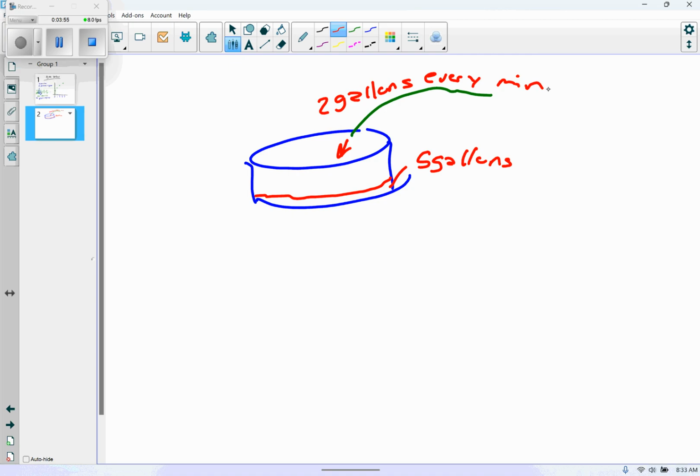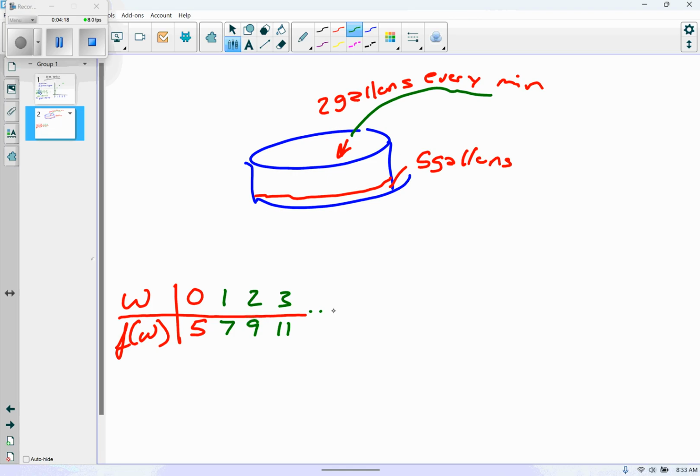Okay, so let's make our table. So maybe we'll do W and F at W for water. We'll use the W. So when we first came out, we were like, oh, there's 5 gallons in the pool. And then at the first minute, there would have been 7 gallons. In the second minute, there would have been 9 gallons. The third minute, there would have been 11 gallons. And it keeps going until we get the pool all full.